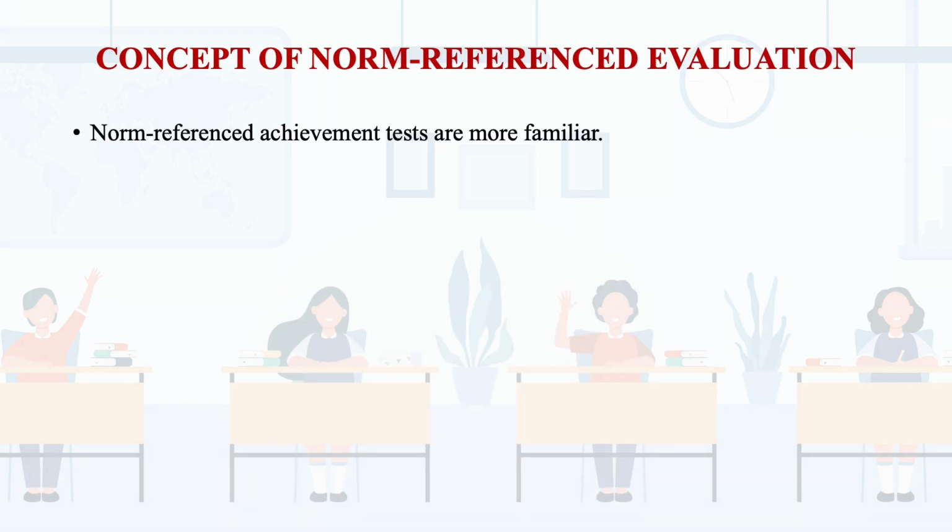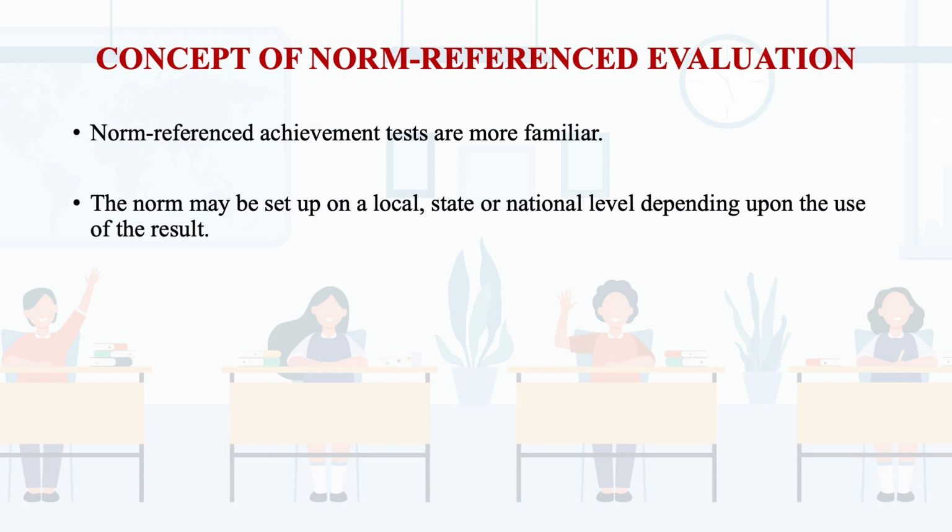Then the other concept relating to norm referenced evaluation is that norm referenced achievement tests are more familiar and highly used in the schooling system. Further, a norm may be set up on a local basis, at the local level, state level or national level. So you can fix a norm at the local level, at the district level, at the state level or at the national level.